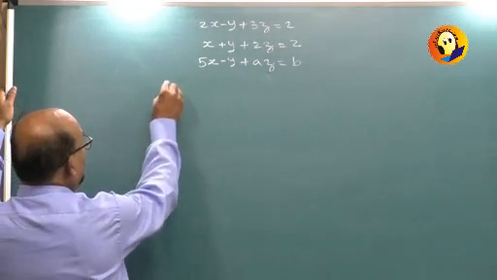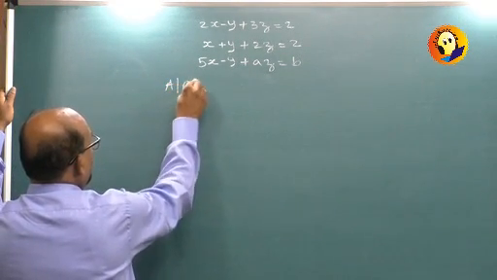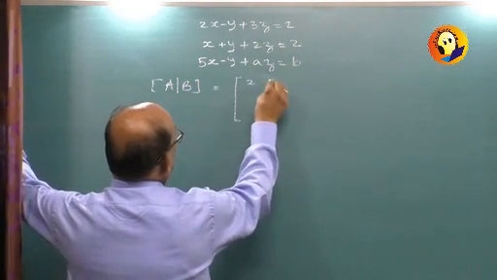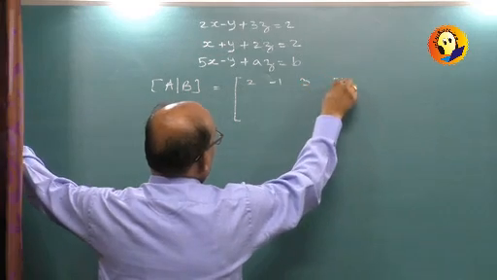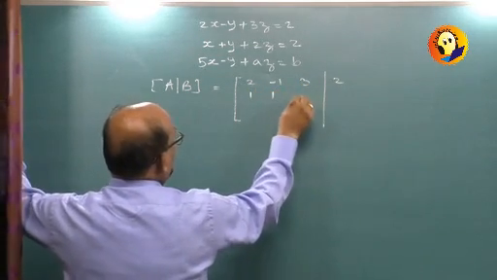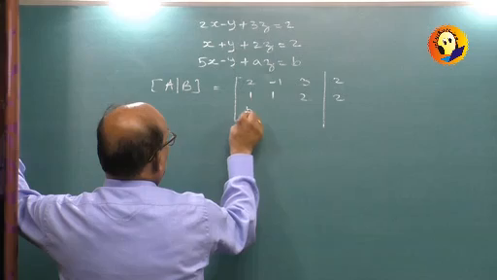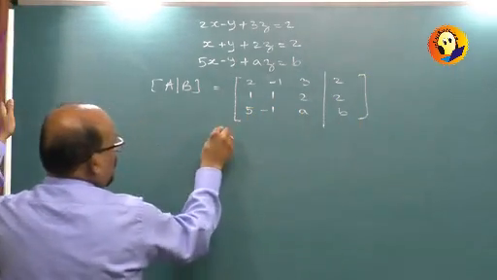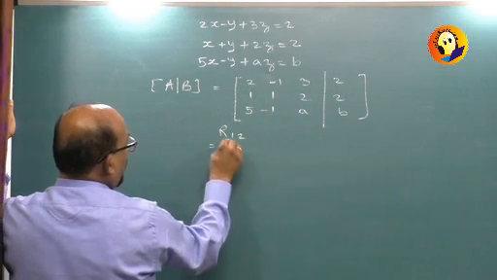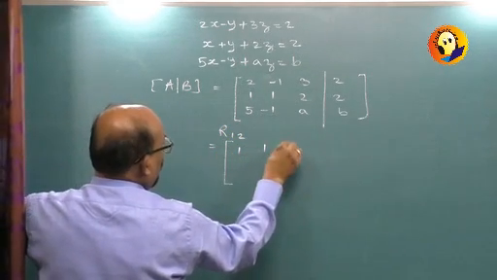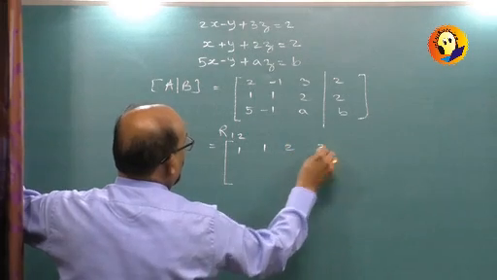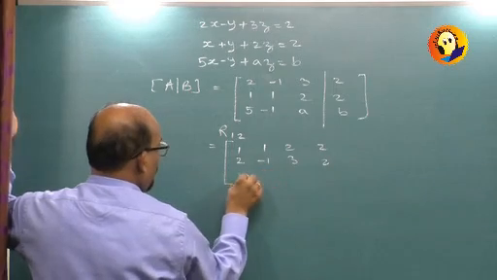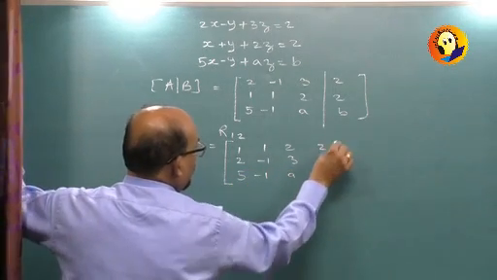Of course, procedurally we will start with the augmented matrix, and it will be 2 minus 1 3 2, 1 1 2 2, and 5 minus 1 a b, and obviously the first step will be R12: 1 1 2 2, 2 minus 1 3 2, and 5 minus 1 a b.